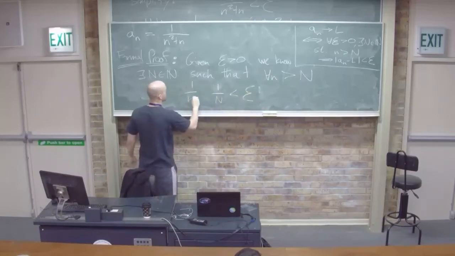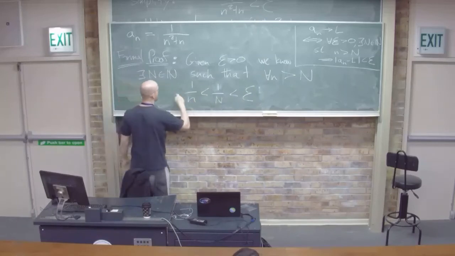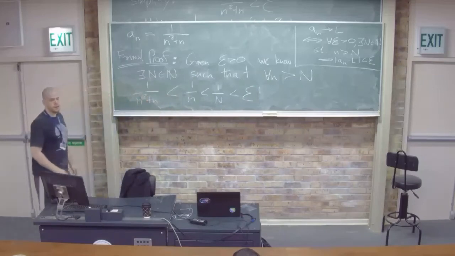We know that bigger little n's are always less, this 1 over little n is always less than 1 over capital N. And at this point, you can just write this, okay?